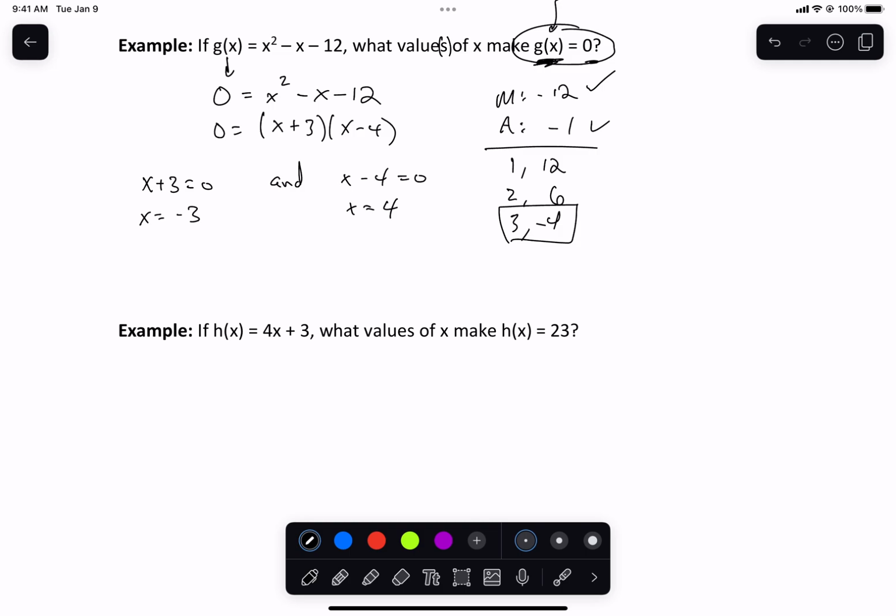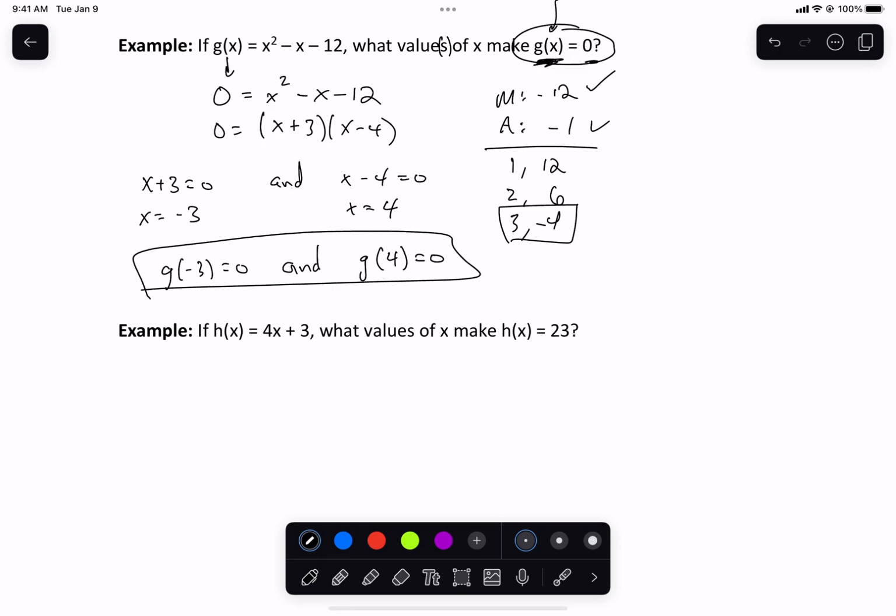Okay, and then just to finish these questions off, just go g of negative 3 equals 0, and g of 4 equals 0. It's like a table of values, right? You're just keeping track of what's what. Okay, what are these?